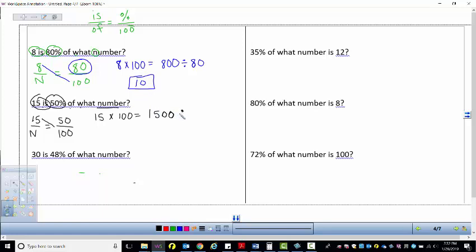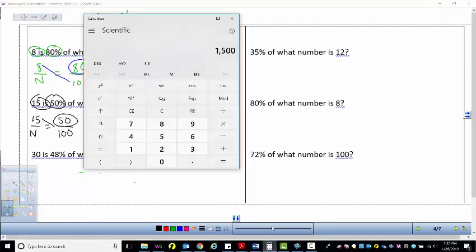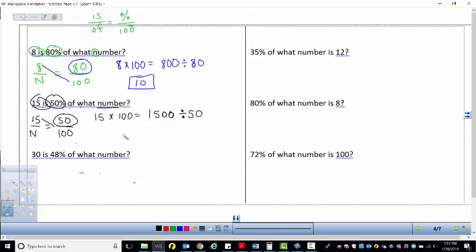And then I need to divide by the number that I haven't used, which is 50. So I cross multiply and divide. And I go back to my calculator and I take 1,500 divided by 50. My answer is 30. And remember, it's a number. So 15 is 50% of 30. It's half, is what it's saying.